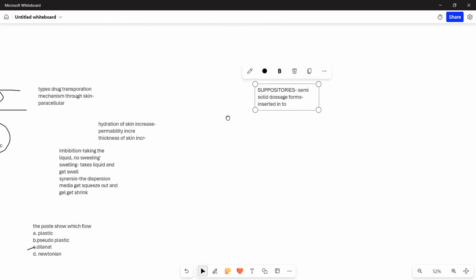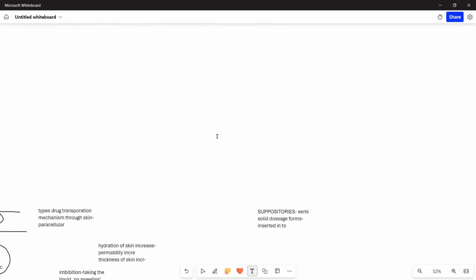Now for the ointment bases, there is a value. Let me give an MCQ: water absorption number.